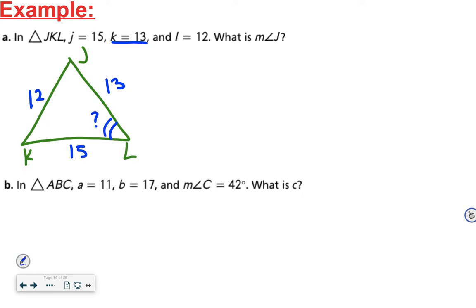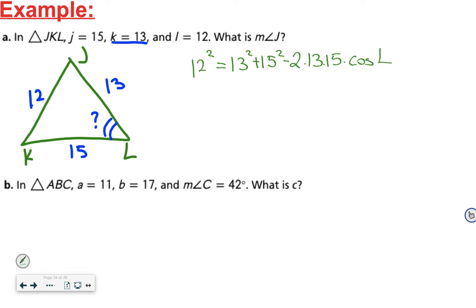First, I am going to set up the law of cosine for angle L. The side which is opposite of angle L squared, 12 squared, is going to be equal to 13 squared plus 15 squared minus 2 times 13 times 15 times cosine angle L.